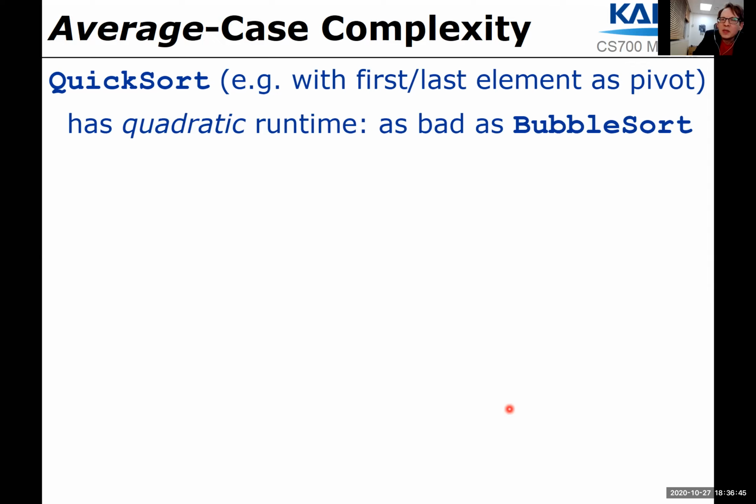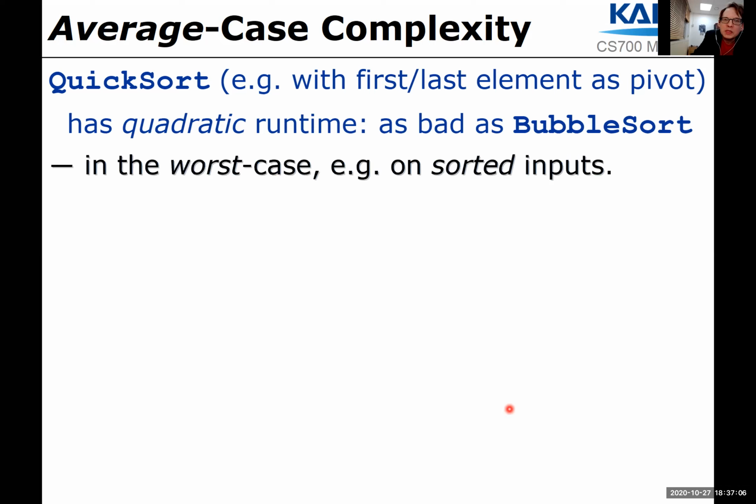when the input actually is already sorted, then quicksort boils down to quadratic running time and therefore is as bad as bubble sort. And of course that not only applies to sorted inputs, but to other inputs as well, but not really to many inputs, as you can easily verify using experiments.